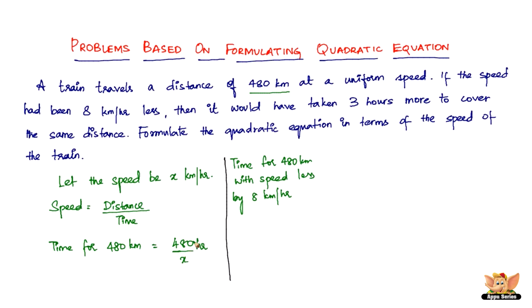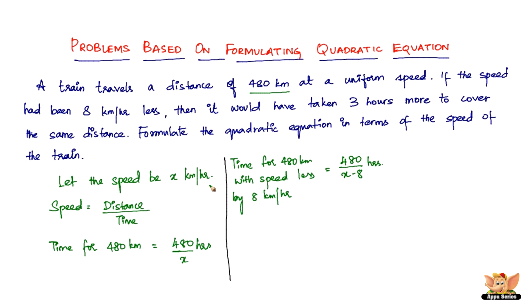If the speed is less by 8 kilometers per hour, the speed will be x minus 8, right? So then the time will be 480 divided by x minus 8 hours. That is the time taken if the speed was 8 kilometers per hour less than the original speed x.